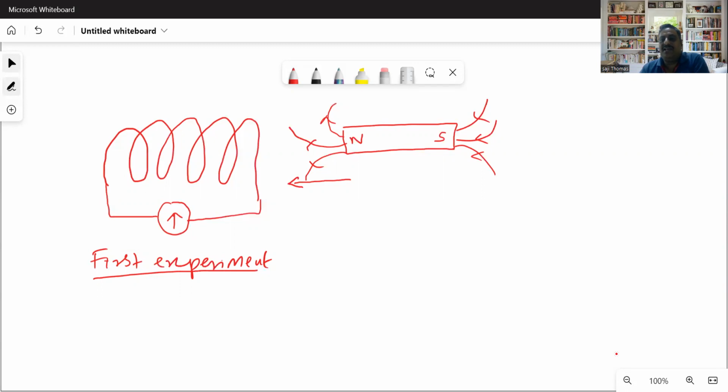The galvanometer showed a momentary deflection towards the right side. This shows that the galvanometer deflects because a current is produced. This current is known as induced current. We say a current is induced. There is no physical contact between the bar magnet and the coil. He just moved the bar magnet towards the coil. What happens? Current is induced. The galvanometer deflects towards the right side.